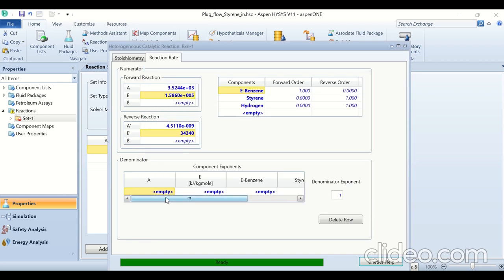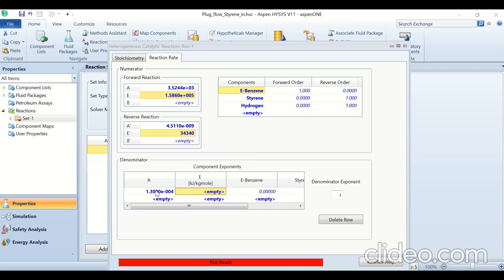So this is the value of KST, and it is given as 1.3 exponential minus 4. Put E as 0.